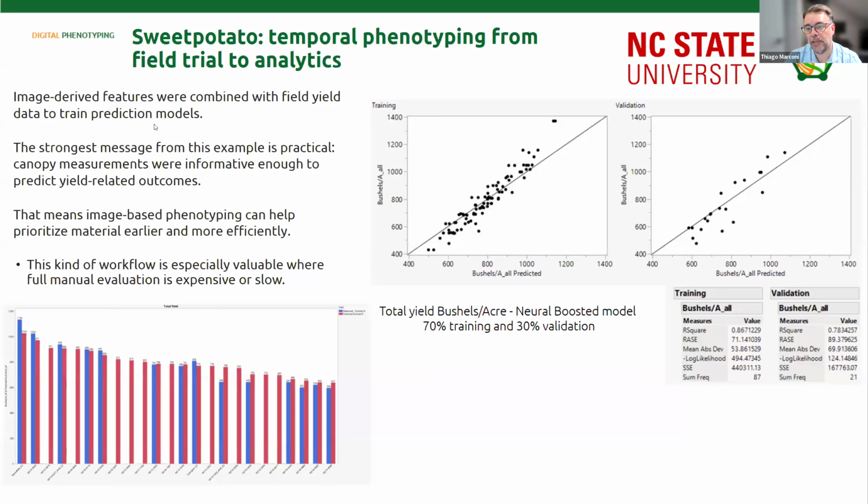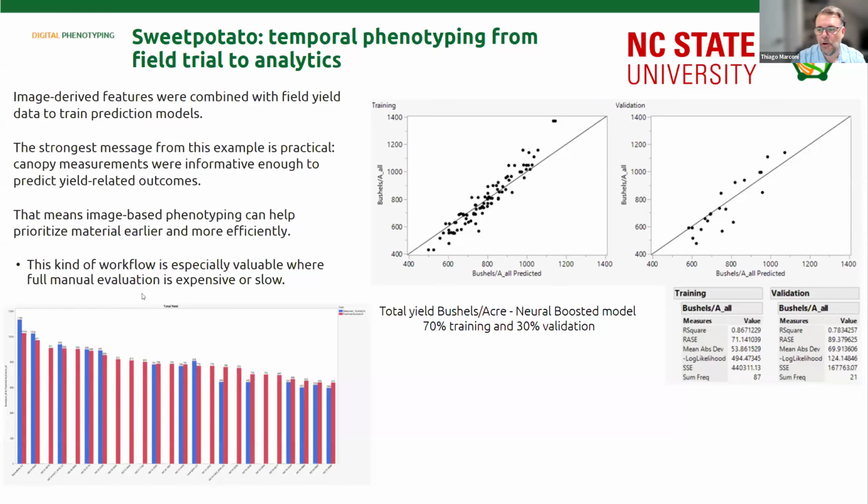I extracted all the canopy features from individual plots, and we used those canopy features to build a model to estimate yield, just looking at how fast the canopy was growing, how green the canopy was during the entire season, and also the height of the canopy.